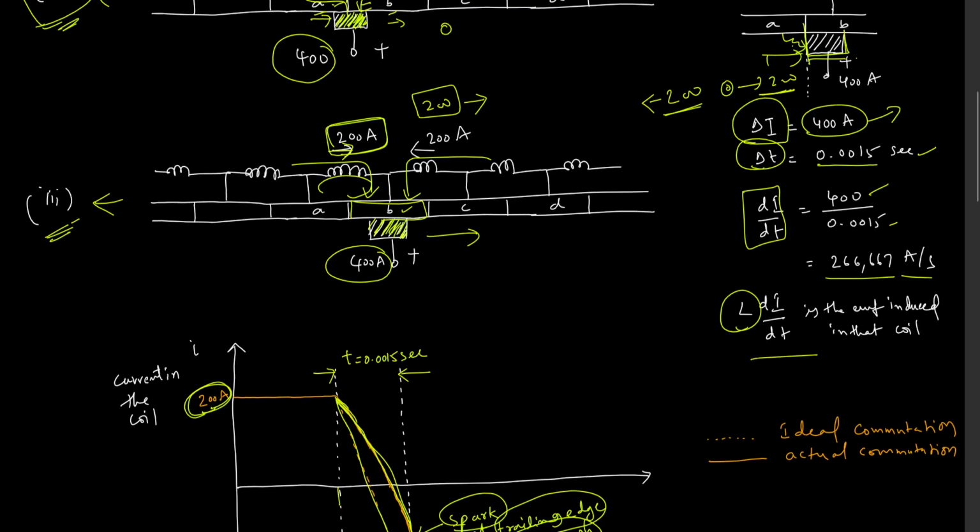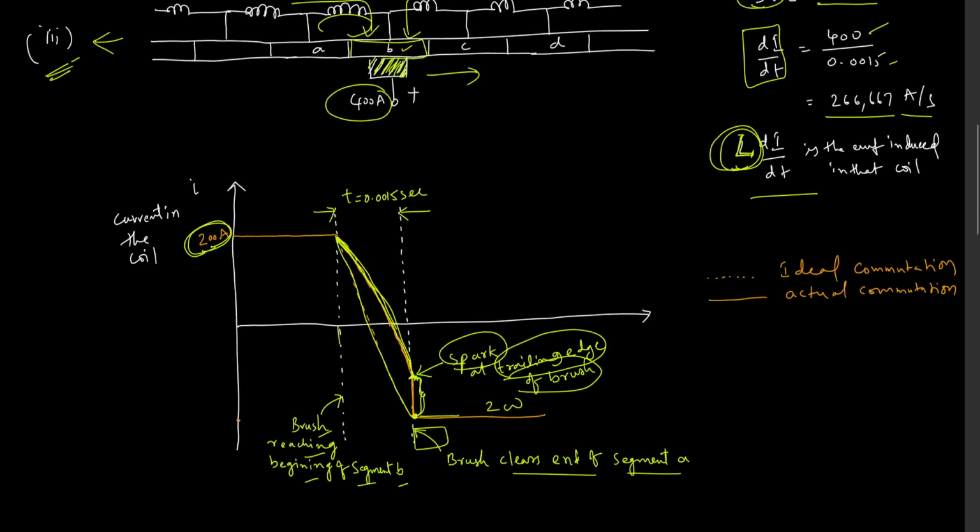So if that coil has even a small amount of inductance, it will create this sort of delayed change. This inductance will not allow the change of current. It will try to retain the current, right?